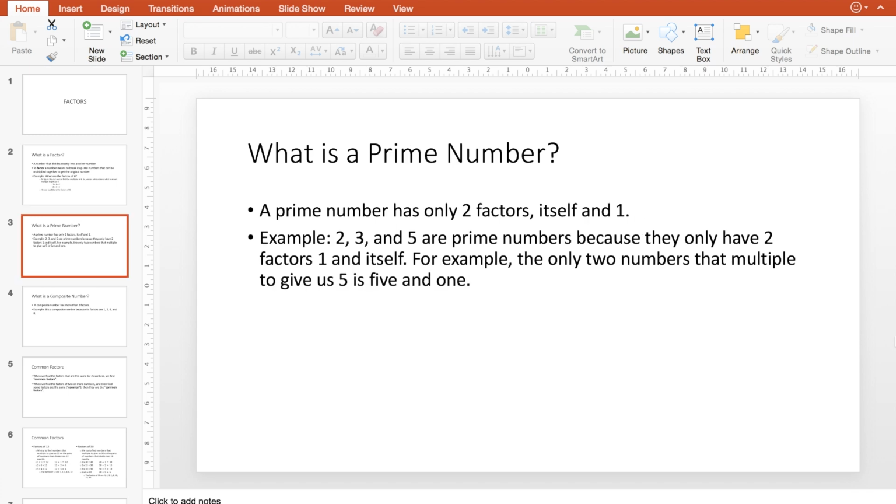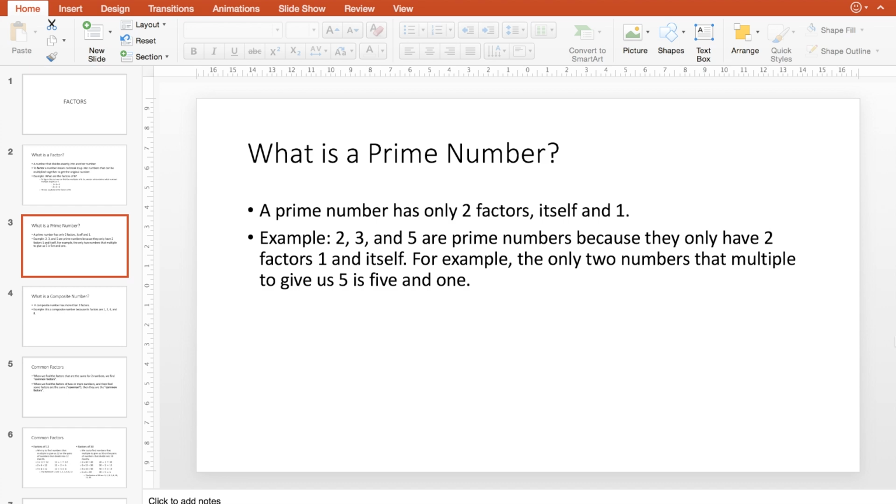A prime number has only 2 factors, 1 and itself. So a prime number is a number that cannot be multiplied by any whole number except 1 and itself. So for instance, 2, 3, 5 are prime numbers because they only have 2 factors, 1 and itself.